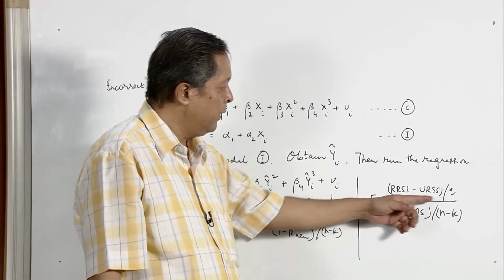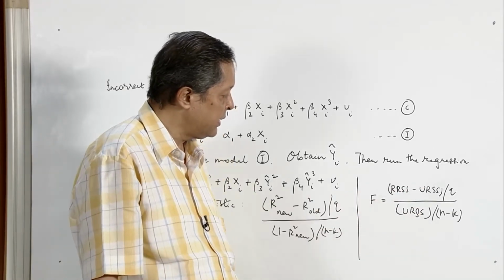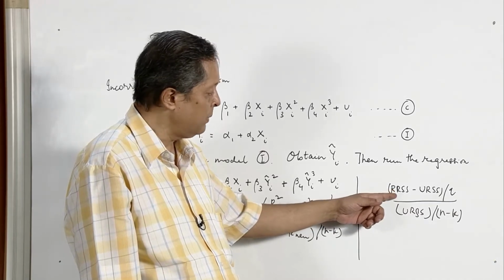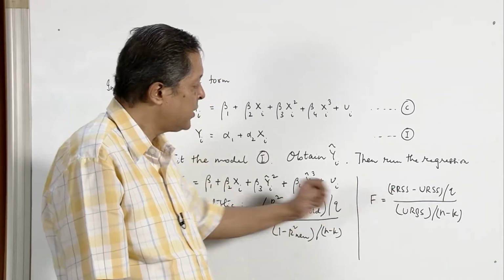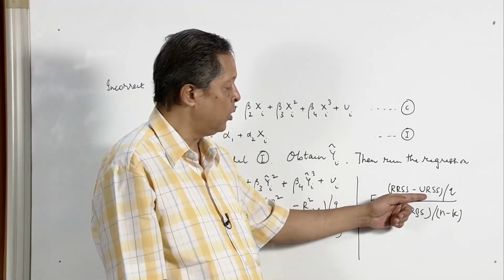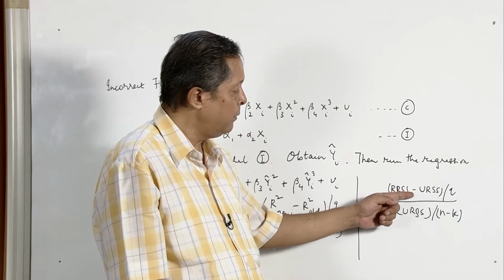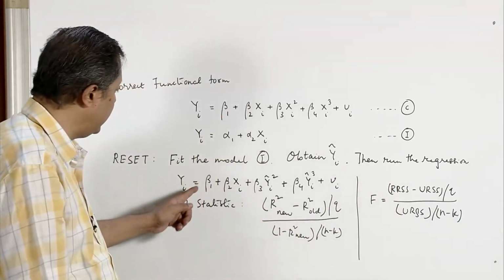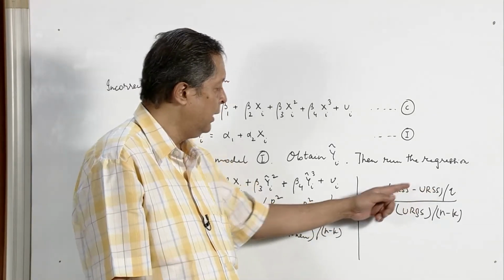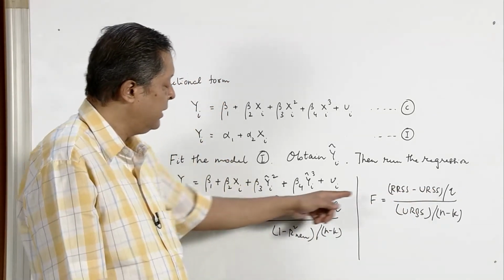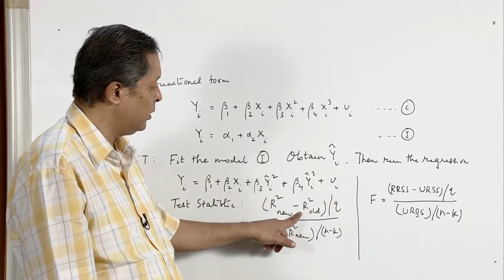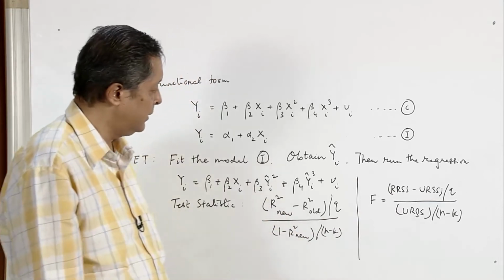Now, if you divide throughout by total sum of squares, then this will be 1 minus r square of the restricted model. This will be 1 minus r square of the unrestricted or new model. Because you have a minus sign, you have r square new. And here you already have 1 minus r square old, so that is minus of r square old, and 1 and minus 1 get cancelled.